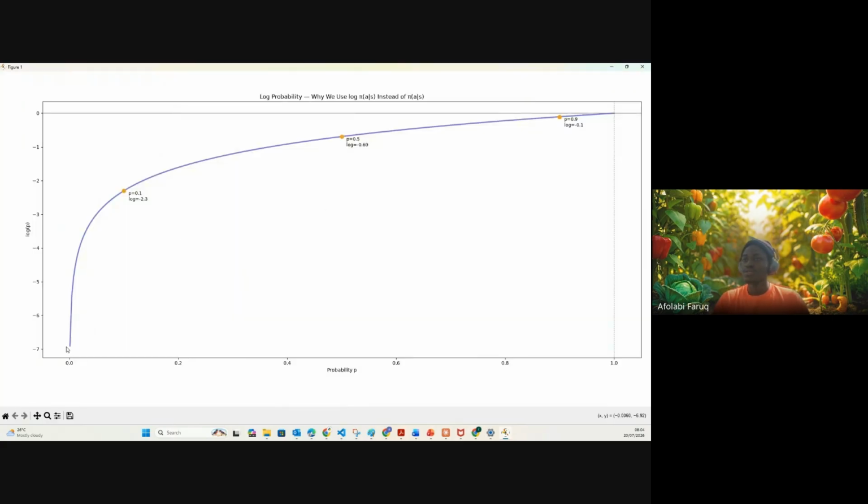Okay, so here is the log probability. You can see starting from 0 up until 1. You can see where the predicted output is 0.1, you have log of minus 2.3. So here the agent is not so sure of the action taken at that point.